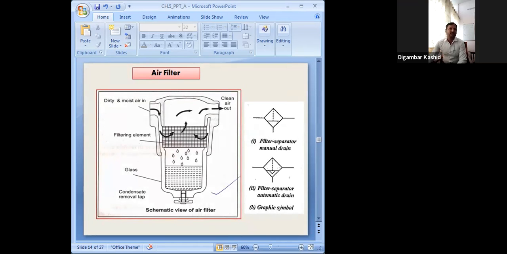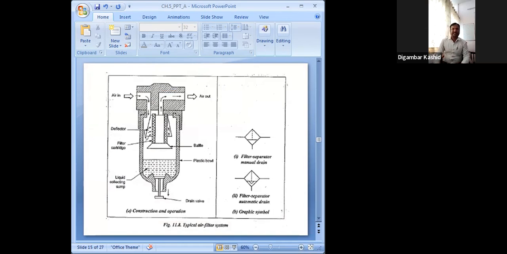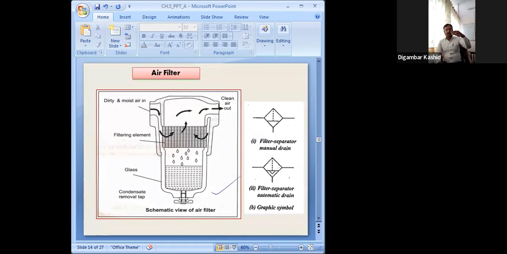You can see here, when air passes through this filtering element, this cartridge, what will happen? The air will be allowed to flow randomly in a zigzag path.